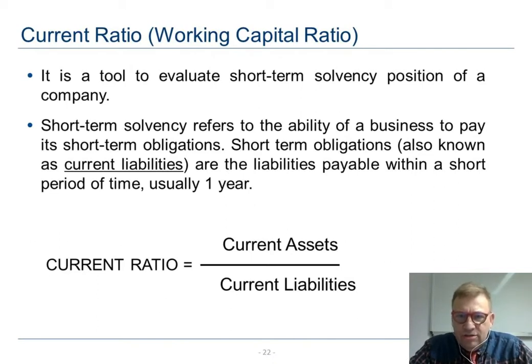Short-term obligations, also known as current liabilities, are the liabilities payable within a short period of time, usually under 1 year. And this famous current ratio is current assets divided by current liabilities. Current ratio is current assets divided by current liabilities.